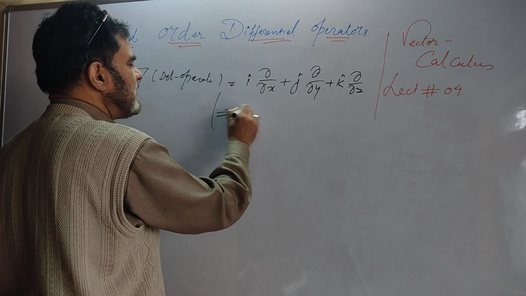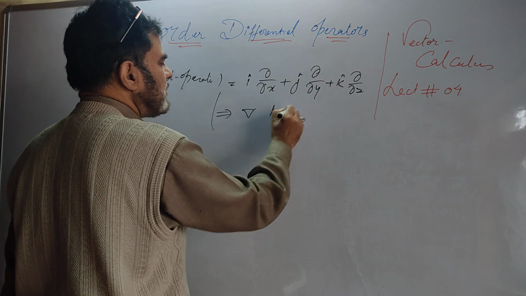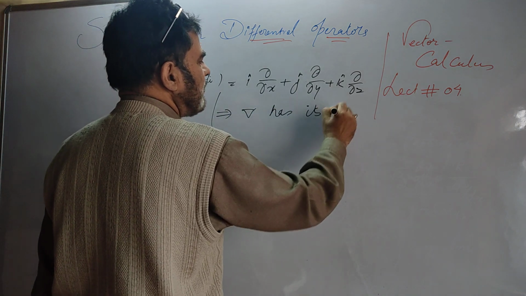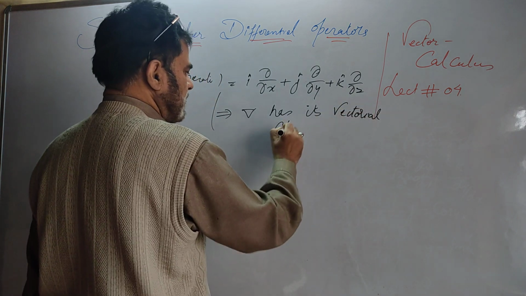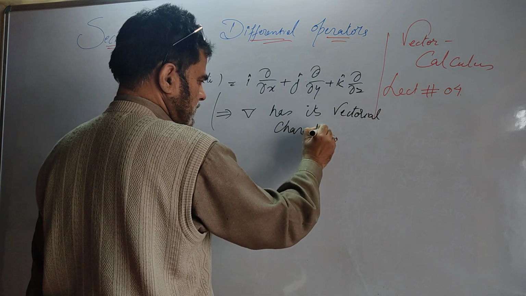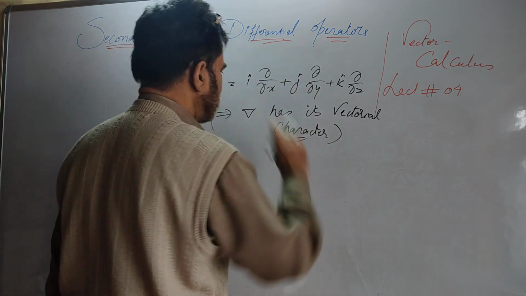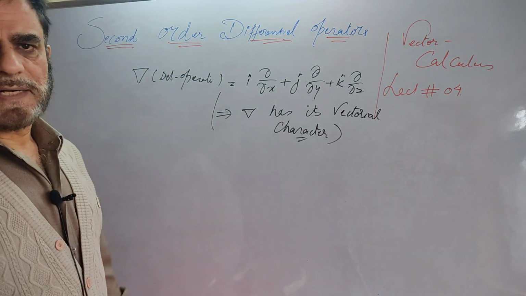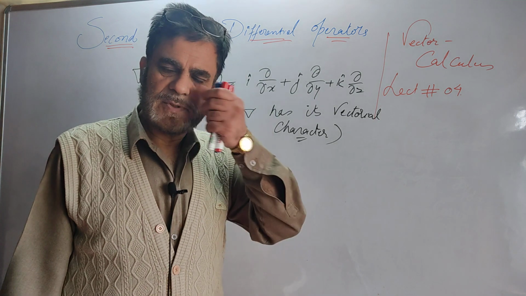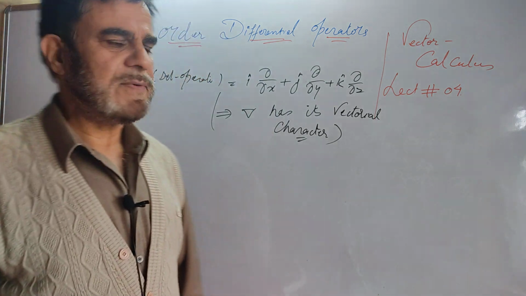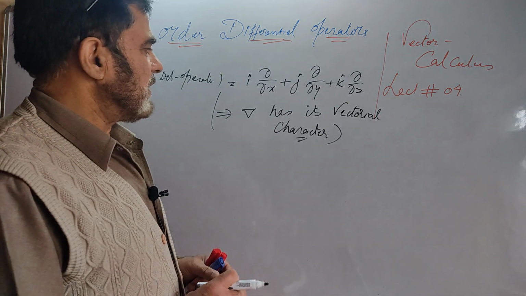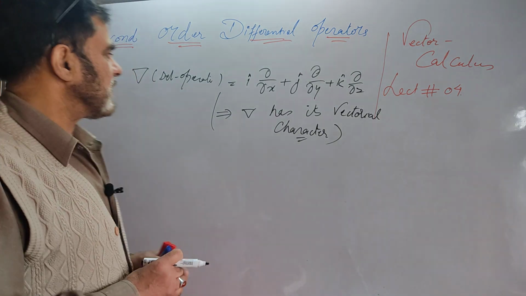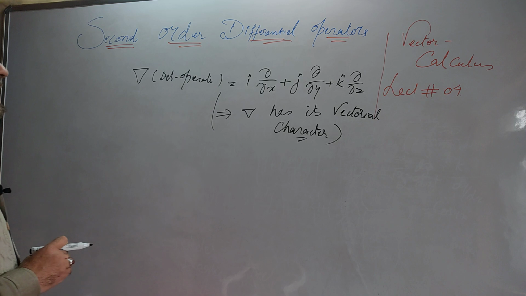It implies del has a vectorial character. Remember this, the operator del that we defined in the starting lectures has its own vectorial character. I am just repeating it again.